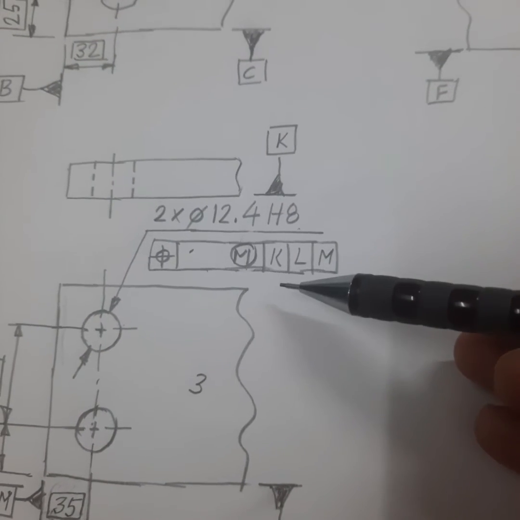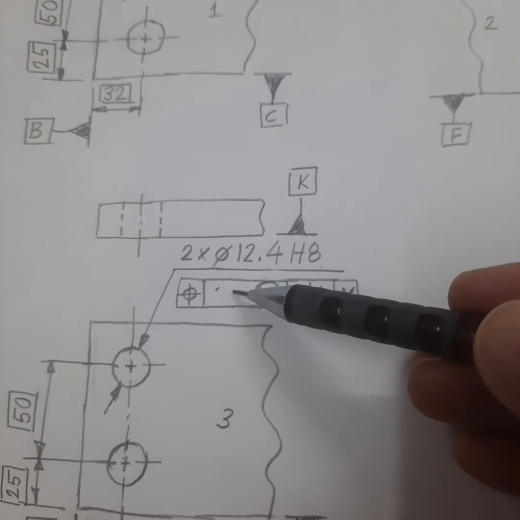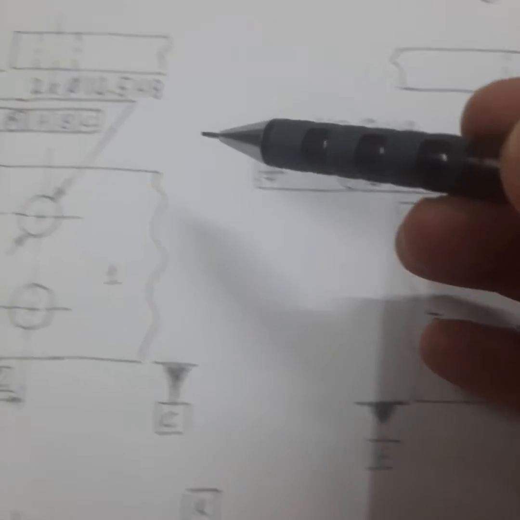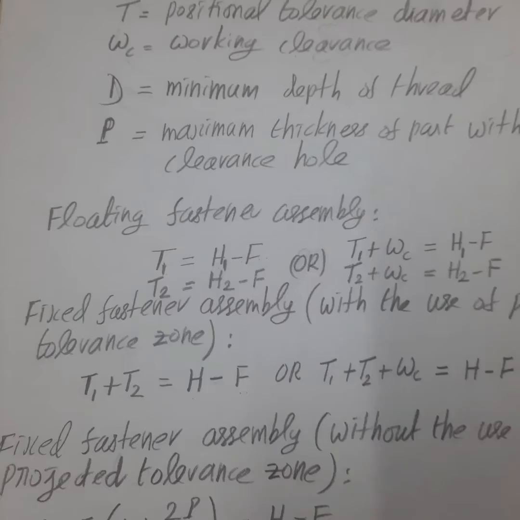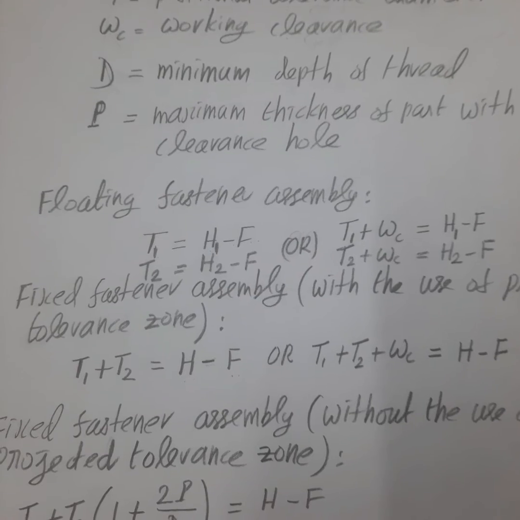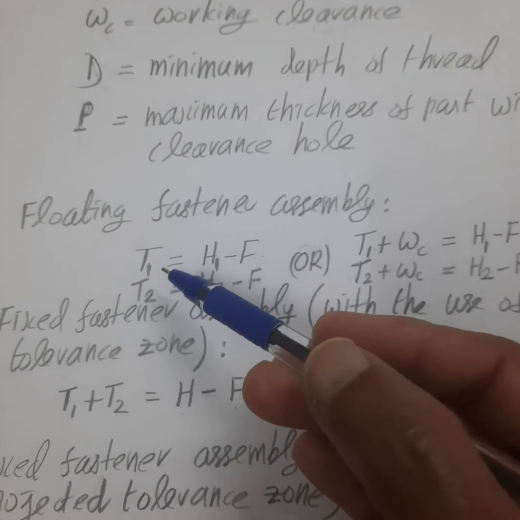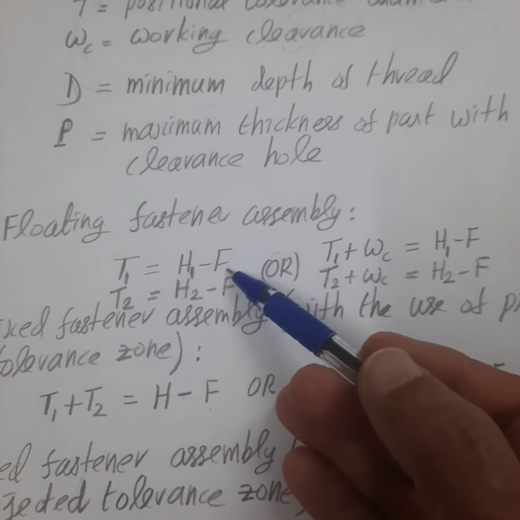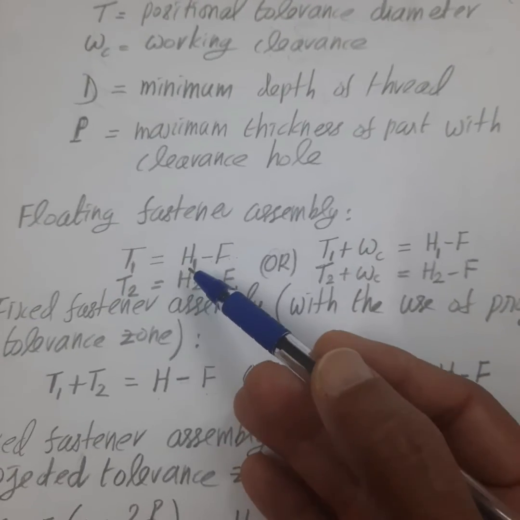So we have to apply the formula to find the value of the position tolerance for plate 3, plate 2 and plate 1. Since it is a floating fastener, we have to apply the formula T is equal to H minus F for each of the plates. Let us apply this formula for the first plate.